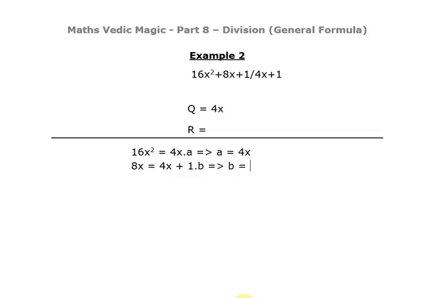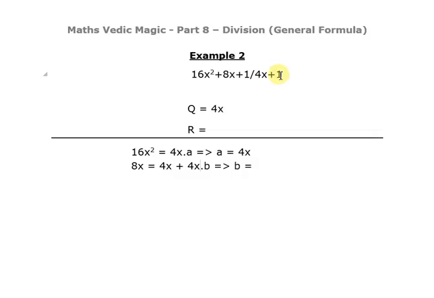It's actually 4x because it's a cross multiplication: 4x of the divisor multiplied by something which is b, and then this 4x multiplied by the second term of the divisor, which is 1. That gives us b equal to 1.